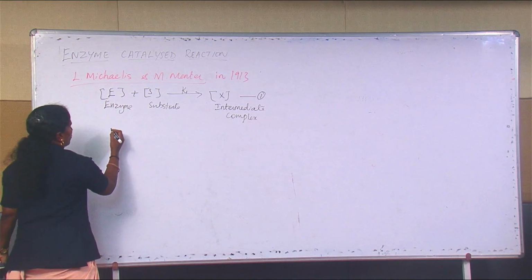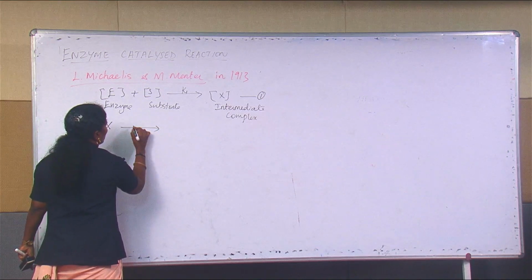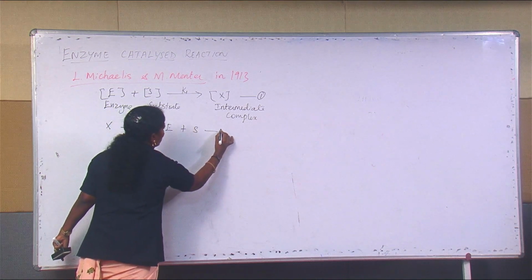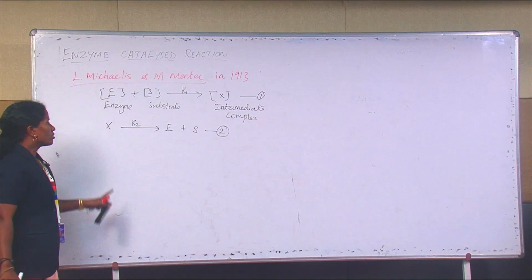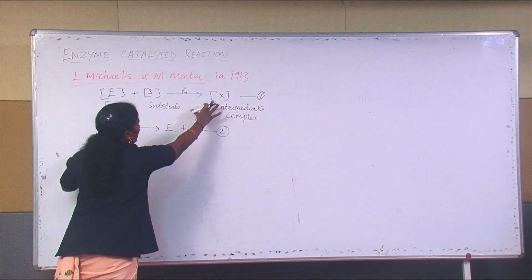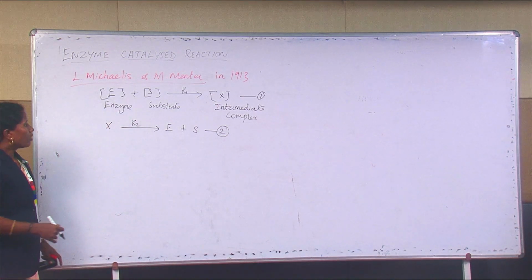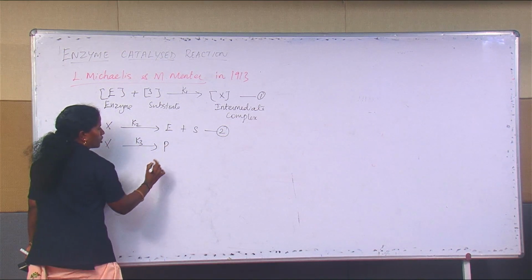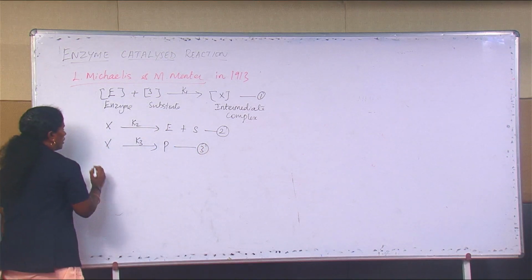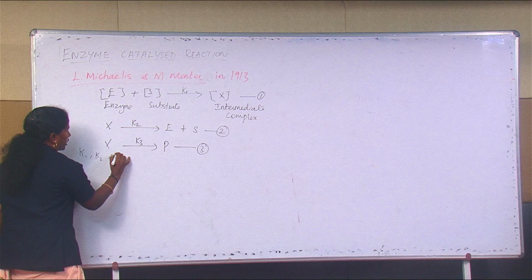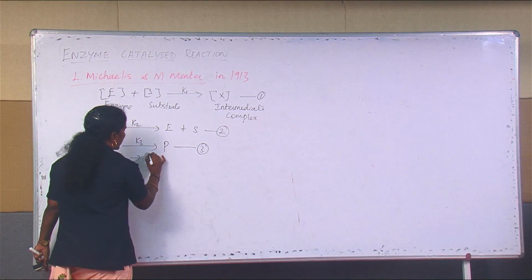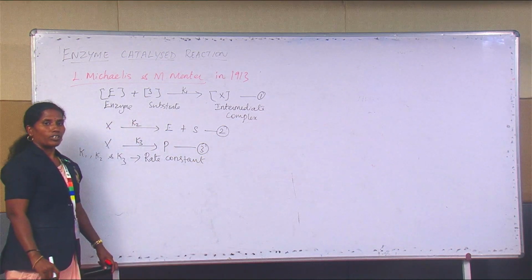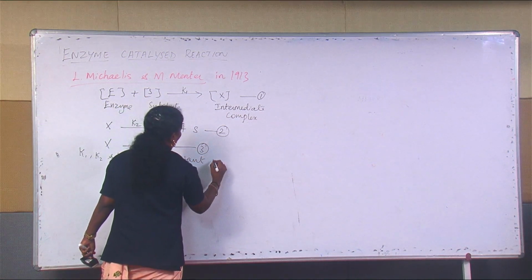So equation number 2 can be written as X with K2 to form E plus S. The third, the intermediate complex may form the product, that means X is converted to product P. So this is equation number 3. Here K1, K2 and K3 are called rate constants for the particular reactions respectively.